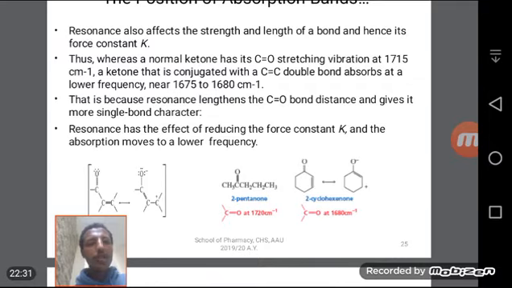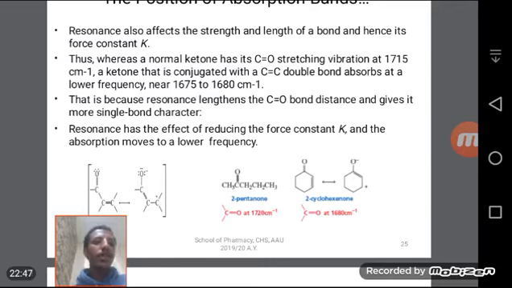Resonance has the effect of reducing the force constant, and the absorption moves to lower frequency, because when the force constant decreases, the frequency of absorption moves lower.